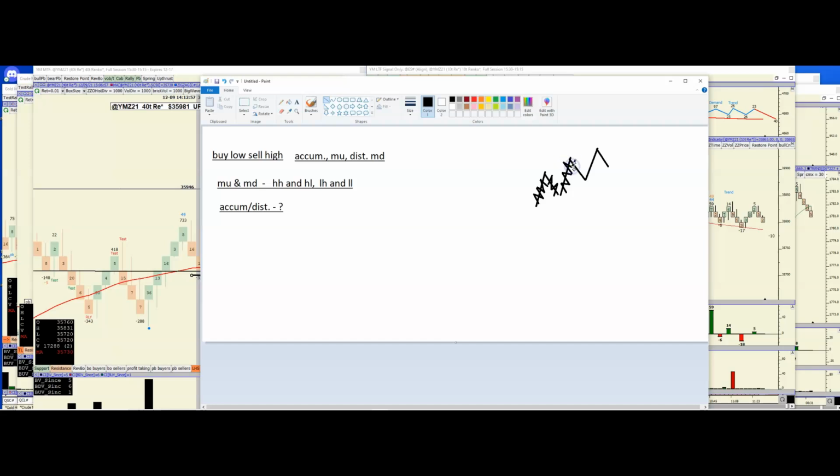When you go to a lower time frame, that's what you get. Right? It's a higher high, higher low, and fractals within trends, basically.